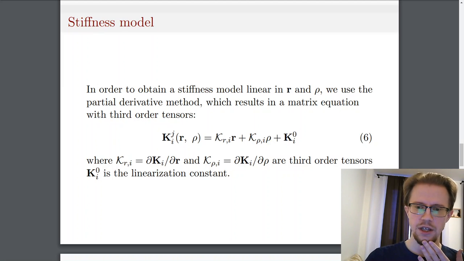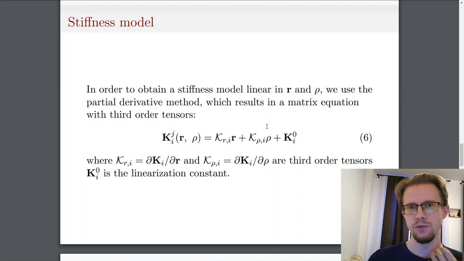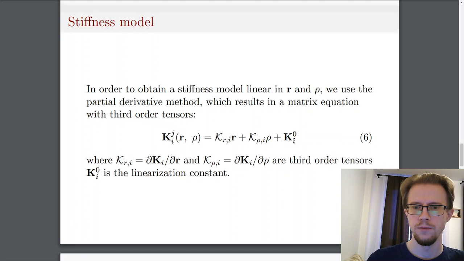It is easy enough to rewrite all of this in the vectorized form. So we can vectorize those matrices and we will get a matrix here, and a vector here. But we don't have to do it. We can easily keep it in the tensor form. There is nothing here that cannot be done with the standard linear algebra tools. Okay. So this is a linearized stiffness model.